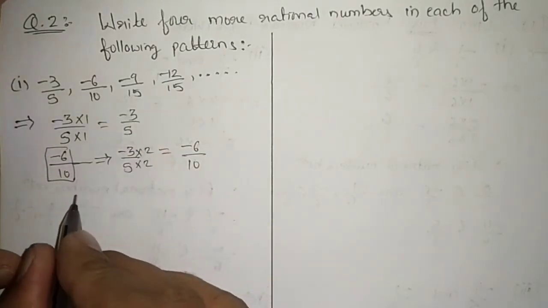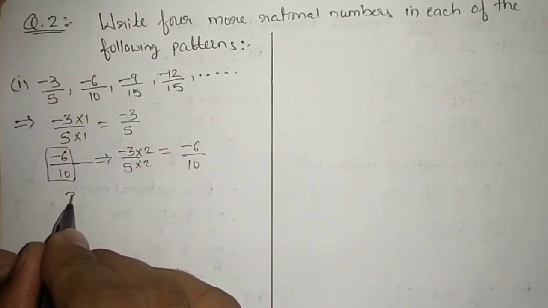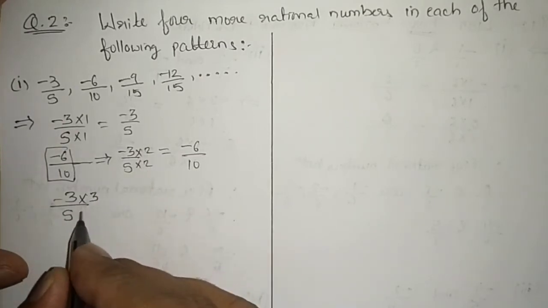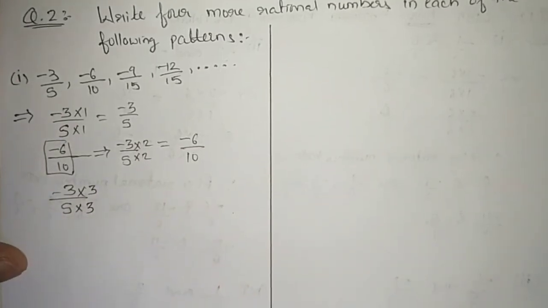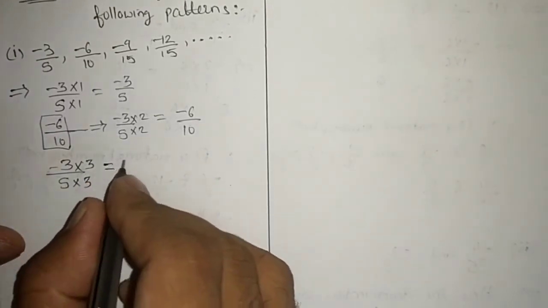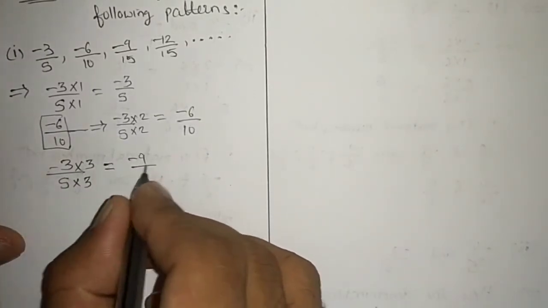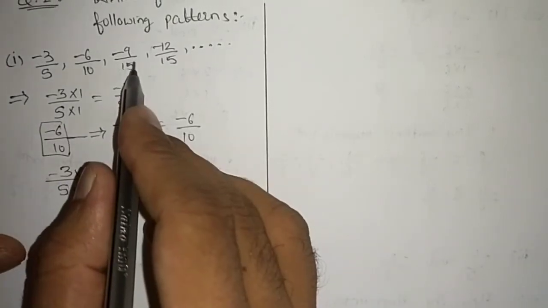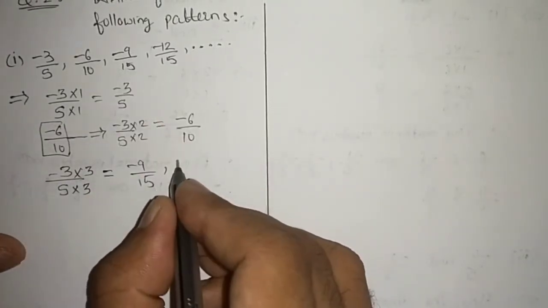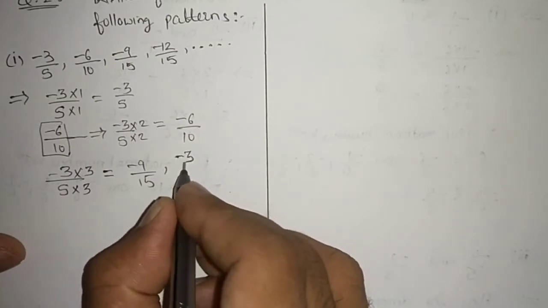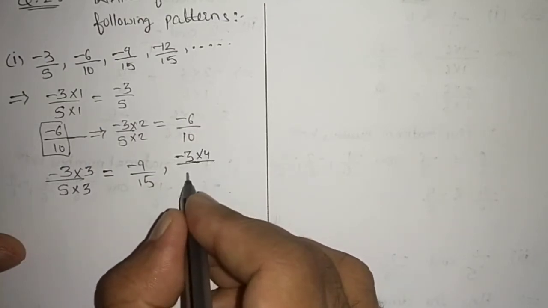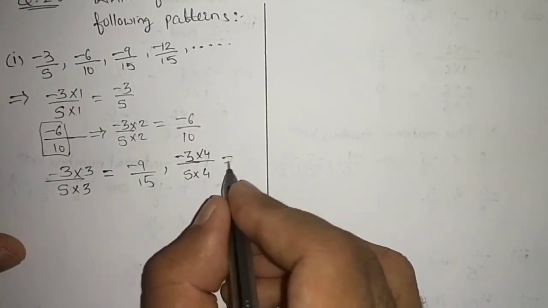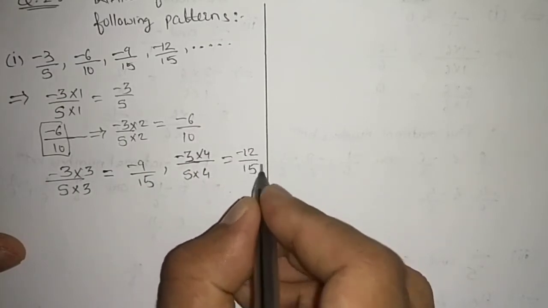Minus 9 by 15, how I got: minus 3 by 5, if I multiply by 3 with denominator and numerator, I will get minus 9, minus 3 into 3 and 5 3s are 15. So I have got the third number like this. Similarly, the fourth number which I got is multiplied by the first number with 4 numerator and denominator. So I got minus 12 by 20.